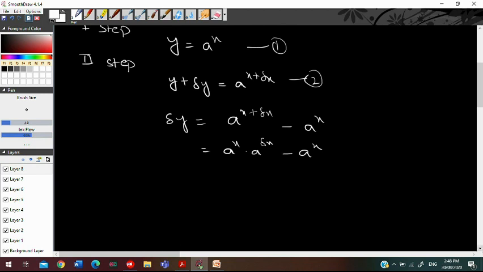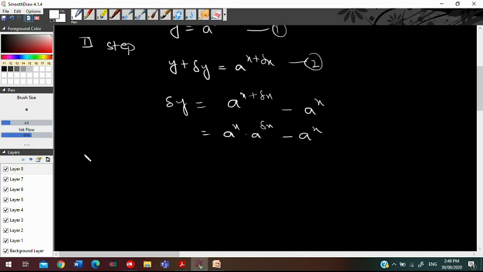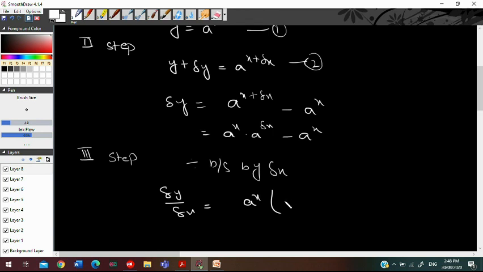Then we divide both sides by delta x. So delta y by delta x is equal to a power x times (a power delta x minus 1) divided by delta x. I have taken a power x as common.